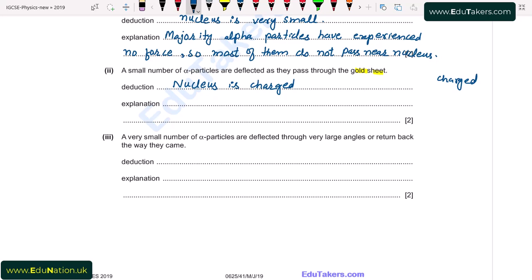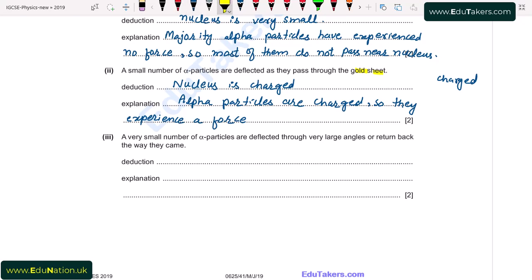I write here alpha particles are charged so they experience a force. That's why they get deflected when they pass through the gold sheet.